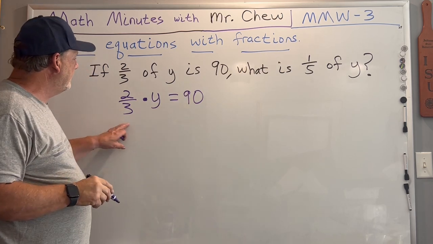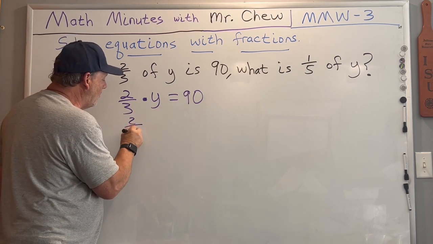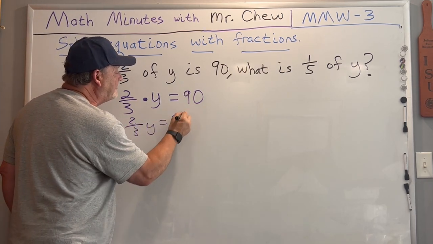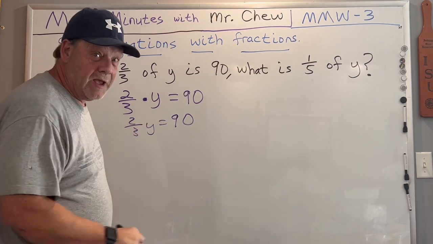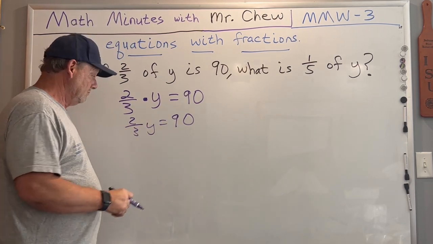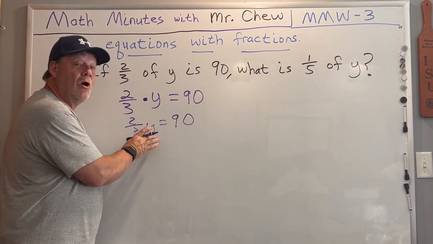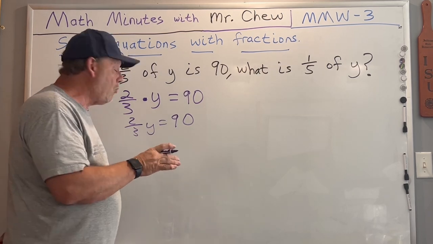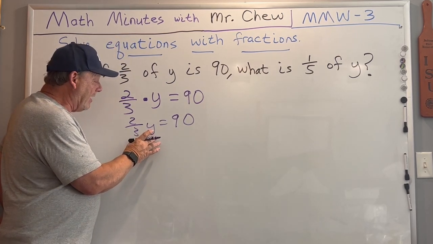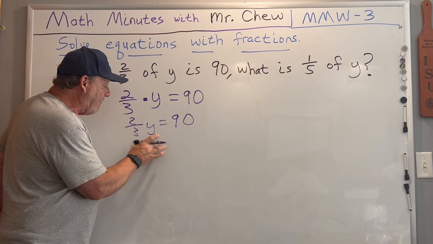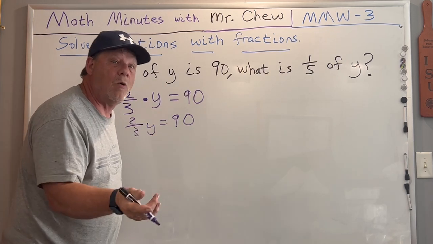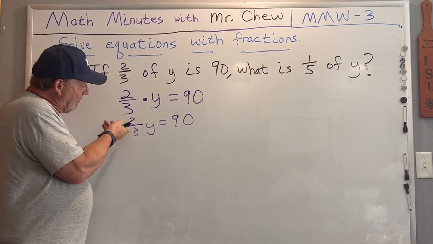All right, so this actually is 2/3 of y equals 90, and I have to solve this one-step equation now. I have to do the multiplication property of equality and multiply by something that's going to not have a 2/3 y but will create a y. And so you multiply by the reciprocal.